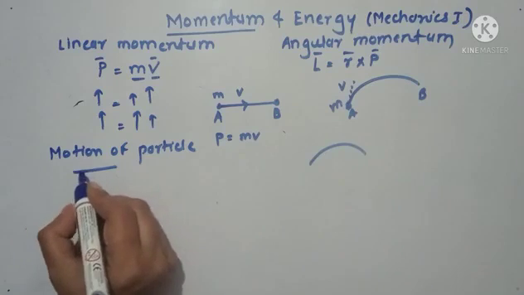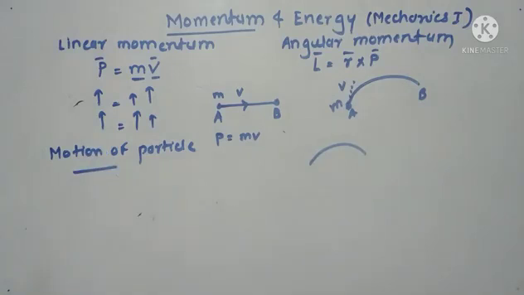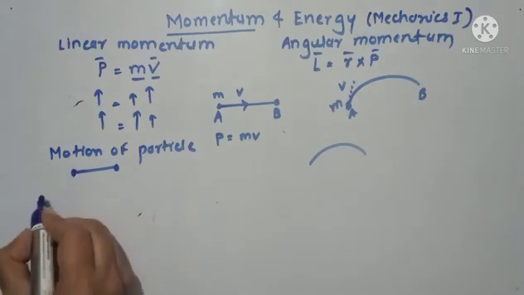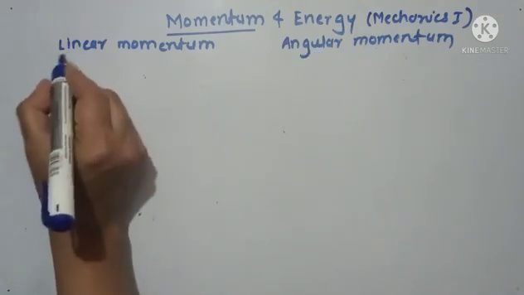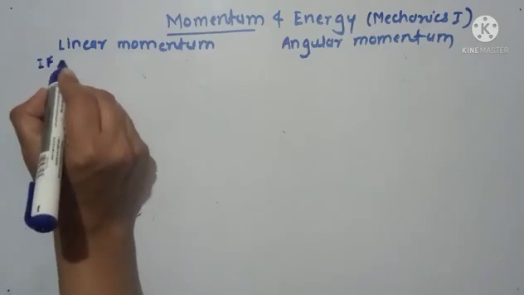The law of conservation of the linear momentum says that if the external force applied on a particle is zero, then linear momentum is conserved.